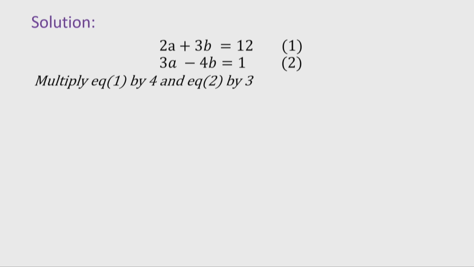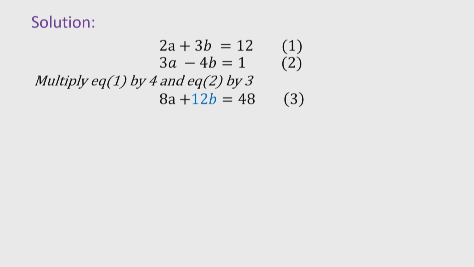So each term in equation 1 will be multiplied by 4 and each term in equation 2 will be multiplied by 3. I will therefore obtain 8a plus 12b equal to 48, multiplying equation 1 by 4, and I call it equation 3.